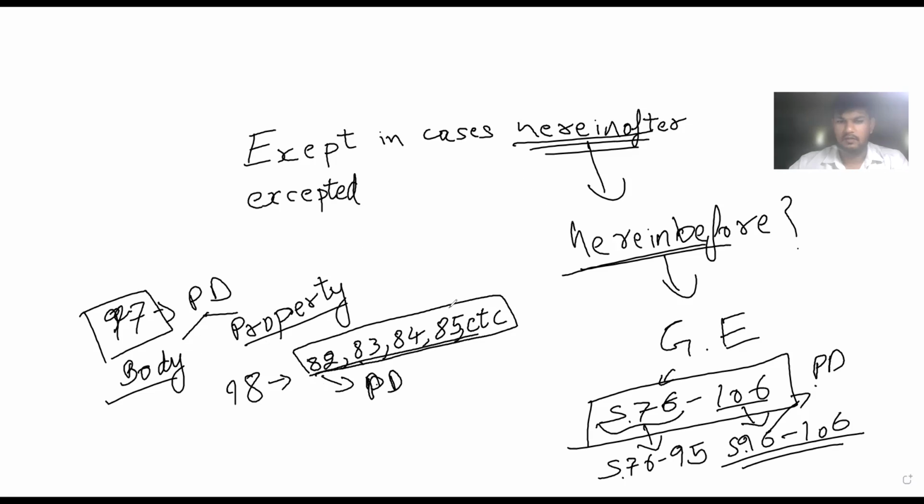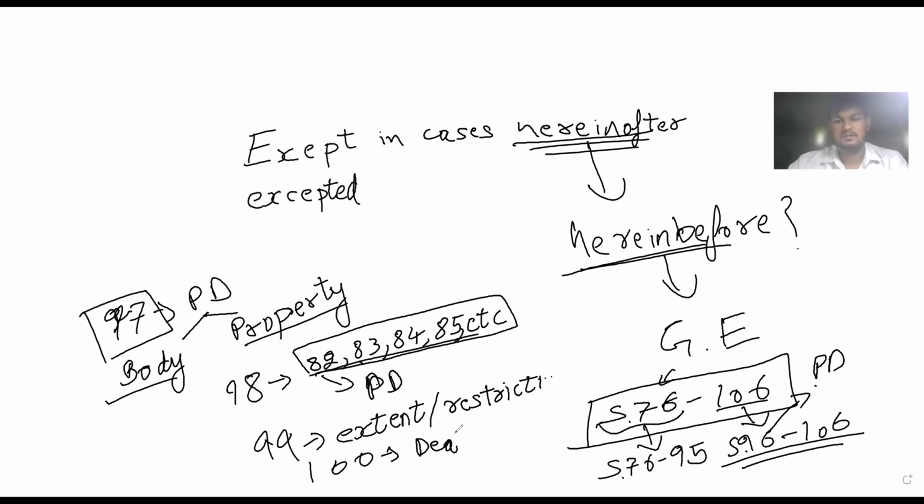99 talked about the extent or the restrictions. If you can take recourse to public authority, etc., then you must not exercise your right to private defense. Then 100. What did 100 tell us?